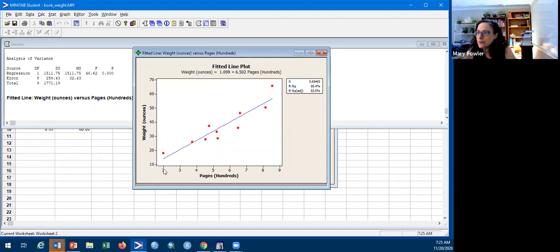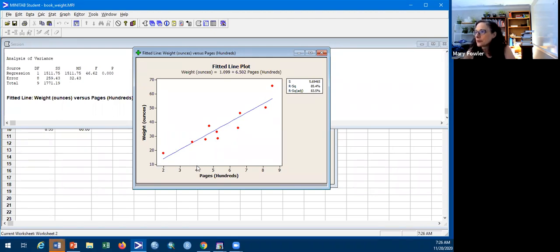But what if we went straight up from 1.98 to that line and we went over? That's how we would use the line to predict what the line says a book will weigh at 1.98.